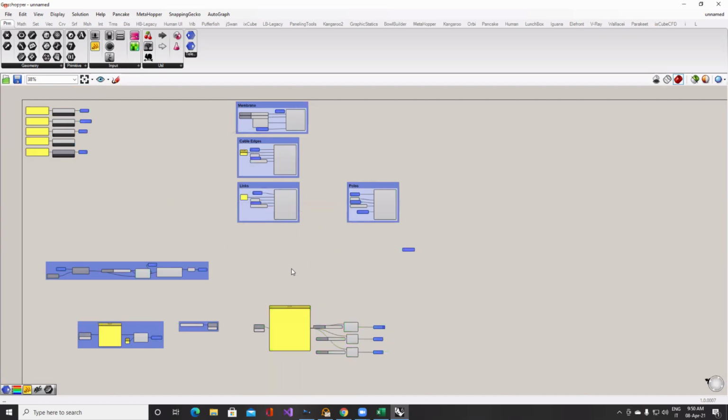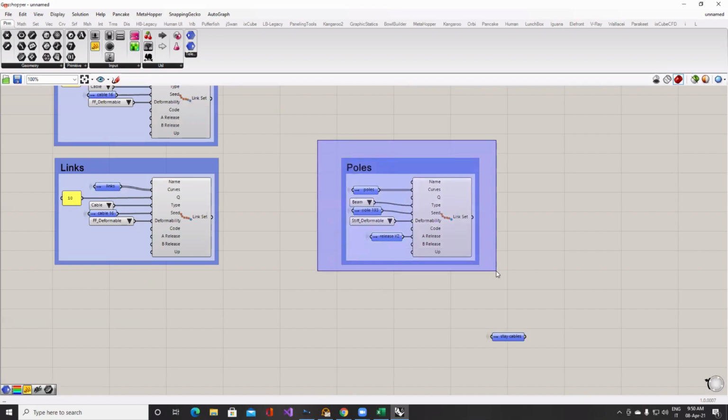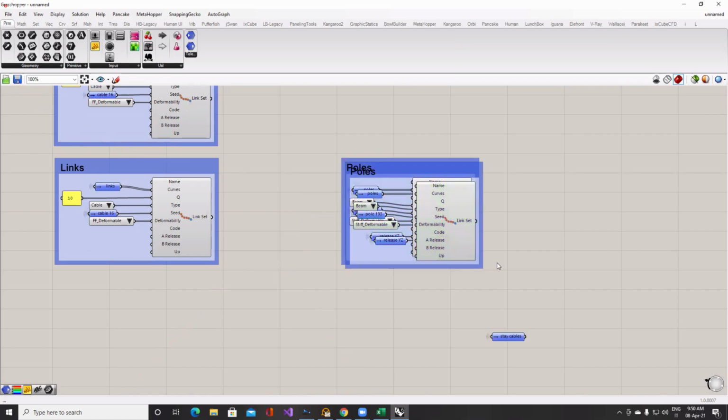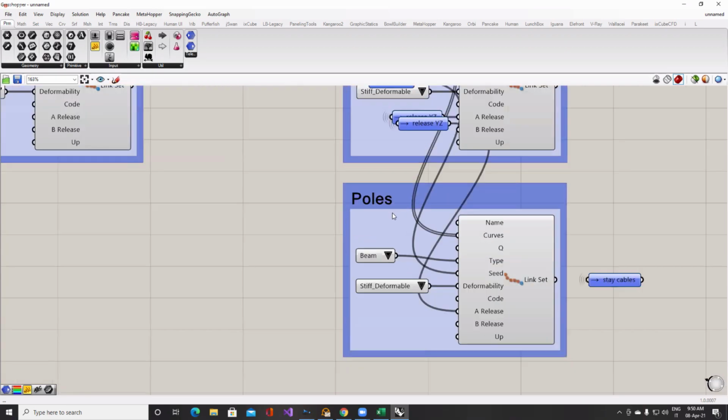So, what's missing? Stay cables. I'll get this. Control C, Control V. These will be my stay cables. And clearly, the curves will input the curve elements. These are cable elements. They are stiff deformable.